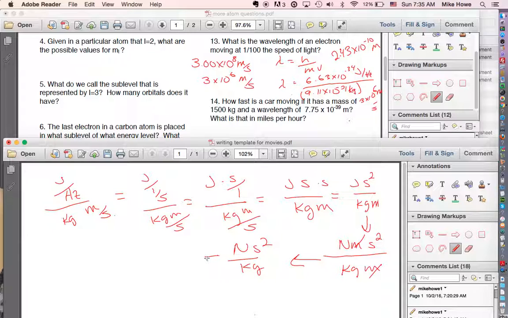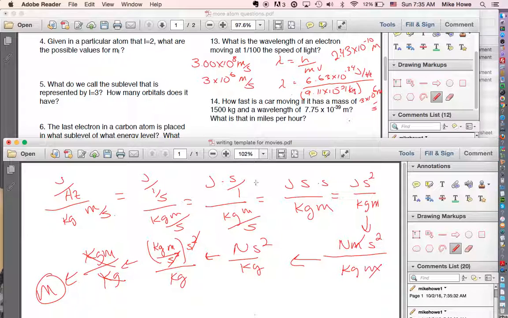But a Newton, you remember from last year, is a force, and a force is mass times acceleration, so it's a kilogram meter per second squared times second squared over kilograms. Now look what happens. Second squareds go away. That leaves us with kilogram meters over kilograms, and kilograms go away, which leaves us with meters. And that's why the wavelength is in meters.